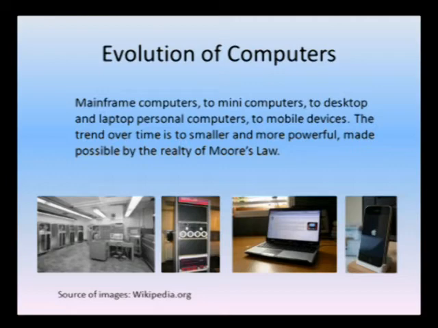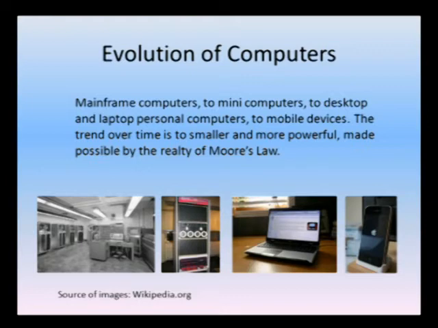So what we observe over time is that computers are becoming smaller, they're becoming less costly, they're tending in the direction of becoming wireless as opposed to connected together into wired networks.